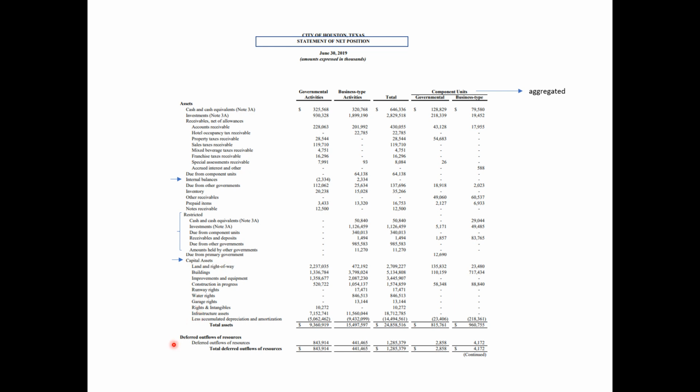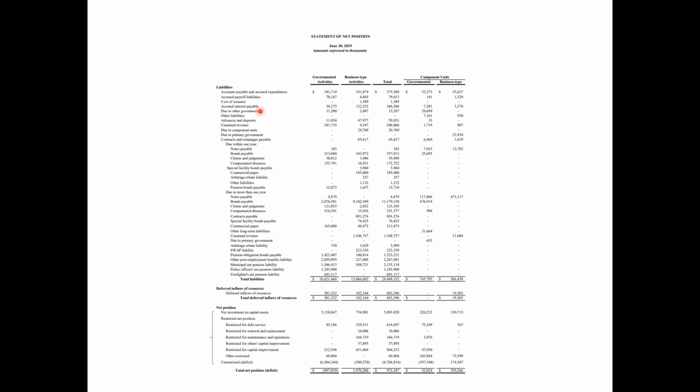And we have the deferred outflows followed by total assets. The next one will be liabilities. Then we have the deferred inflows. And finally, net position, with the net investment in capital assets, which we have seen in the proprietary funds too. We have restricted net position, and then unrestricted.